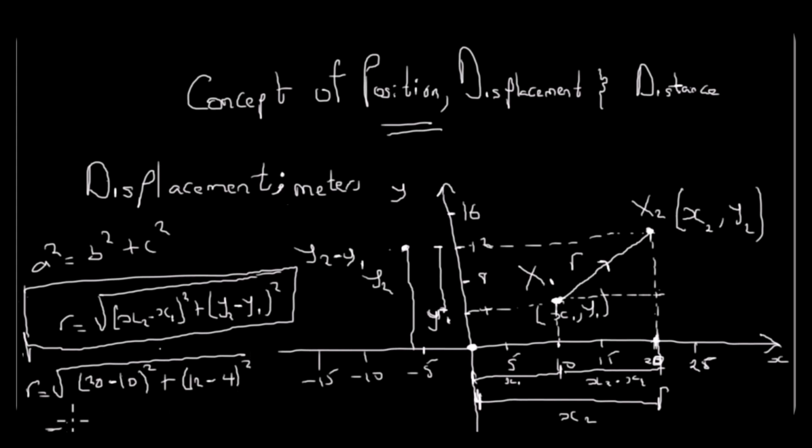So this is equal to 20 minus 10, that's 10. 10 squared is 100. So 100, 12 minus 4, that's 8. 8 squared, 64. So we have 100 plus 64. And this gives us the square root of 164 units.